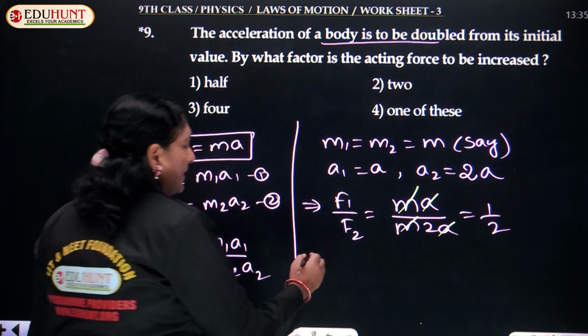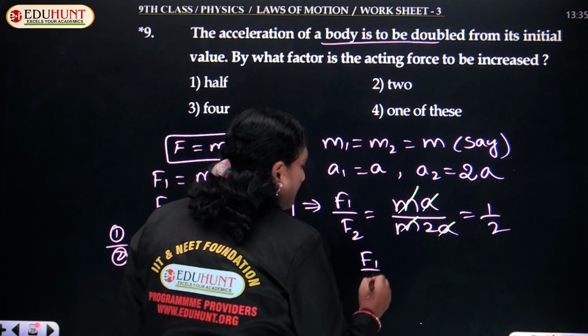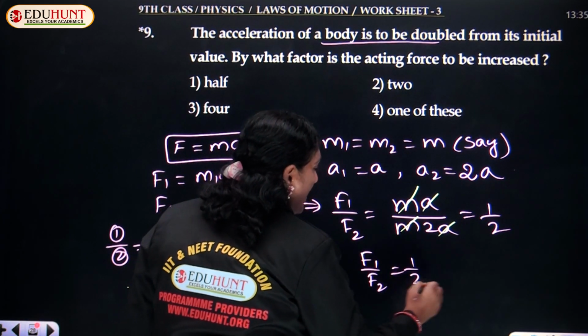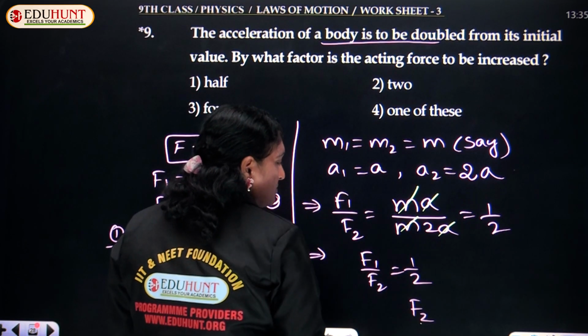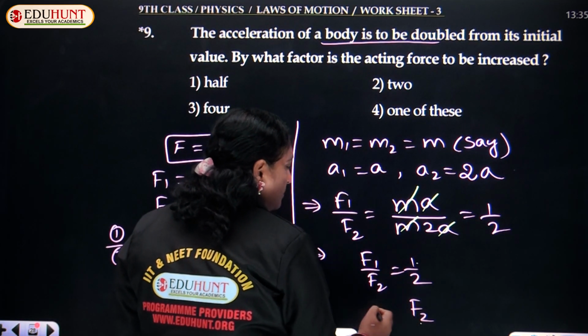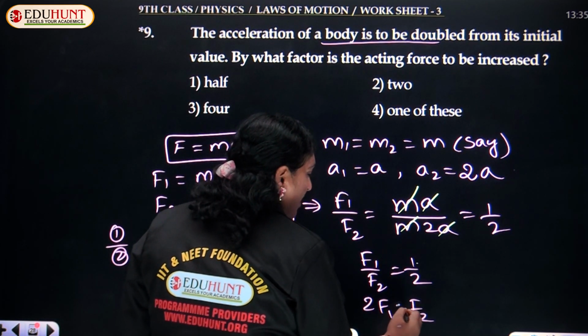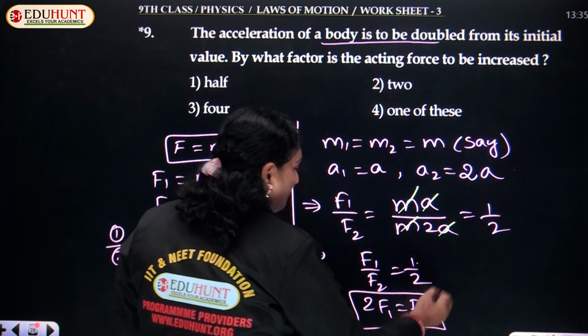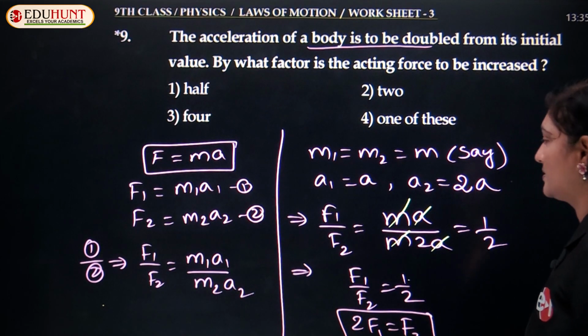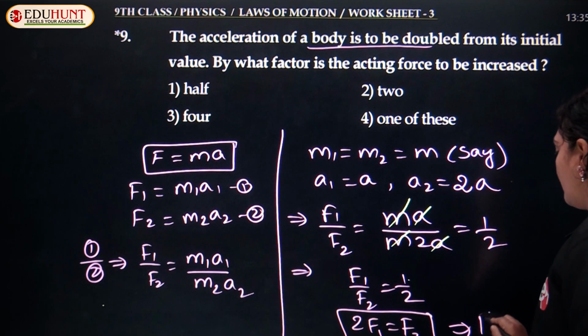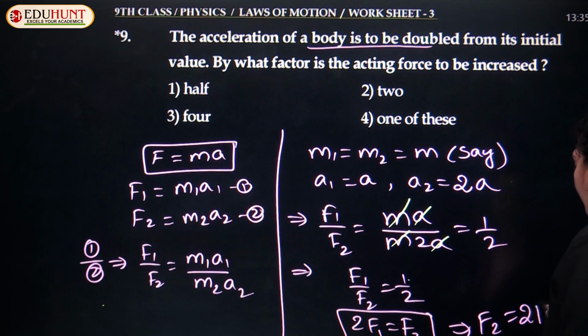So if F1 by F2 equals 1 by 2, then cross multiplying, bring this F2 here and 2 this way. So F2 is found to be 2 times F1. This implies F2 equals 2 times F1.